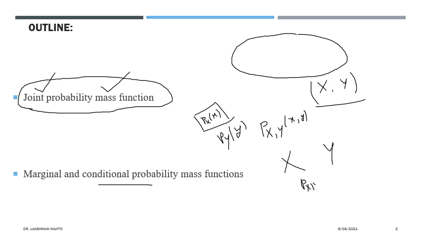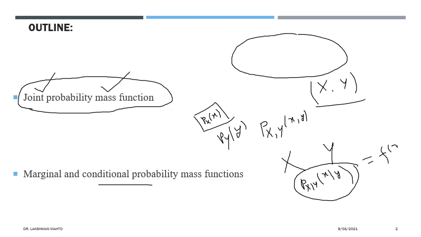That is another probability mass function that we call the conditional probability mass function. Remember that the conditioning comes from the observed value of y, and hence this conditional probability mass function would be just a function of x only, because y you have already observed.